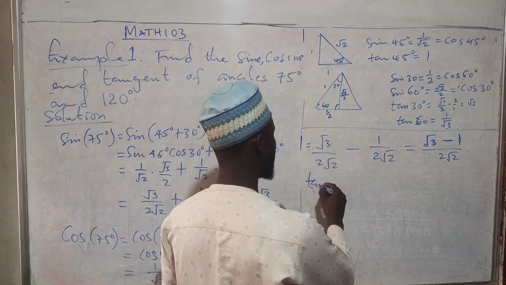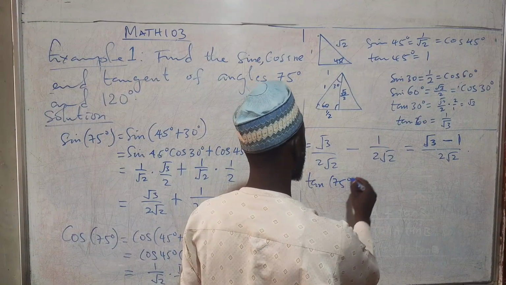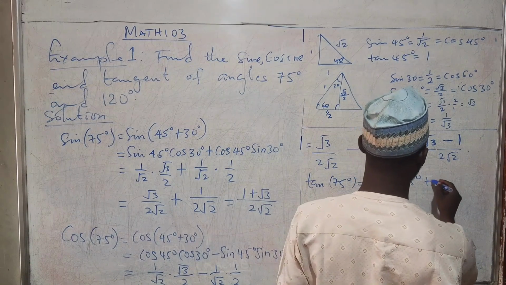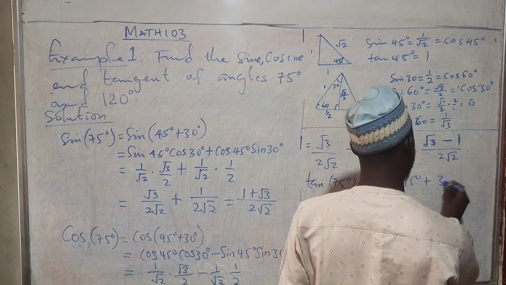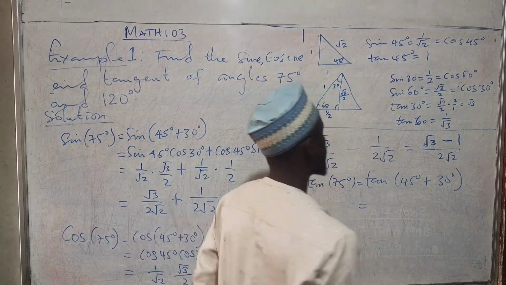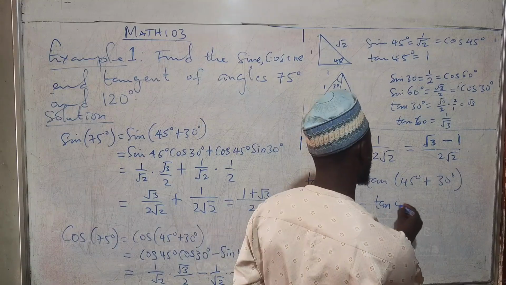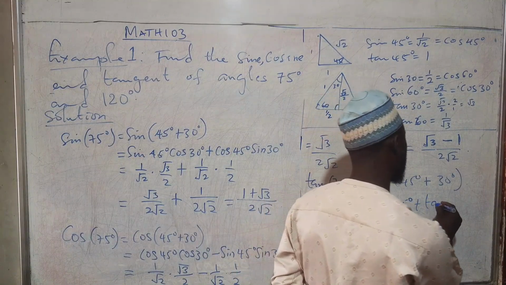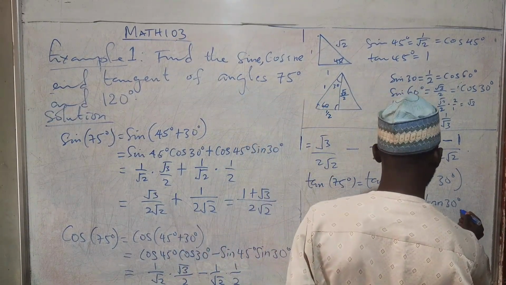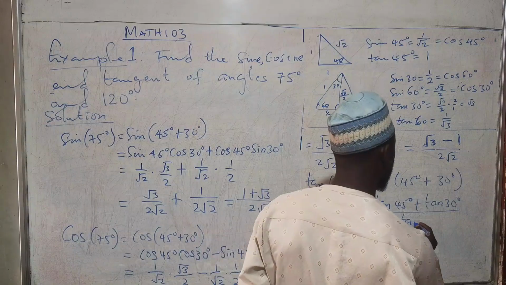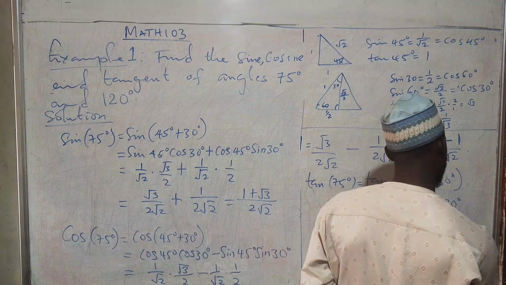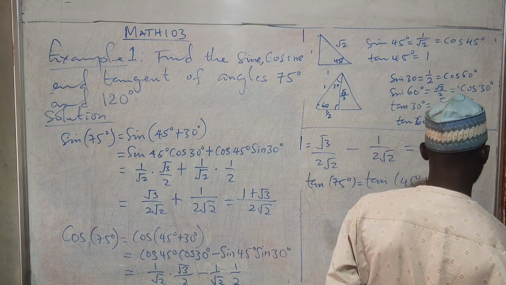So what is tan 75 degrees? So this is equals to tan 45 degrees plus 30 degrees. But that is by equation number 5, that is equals to tan 45 degrees plus tan 30 degrees, okay, over 1 minus tan 45 tan 30 degrees.